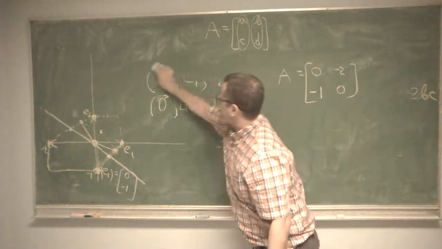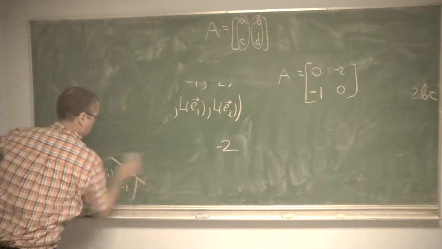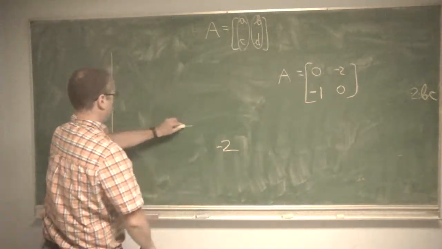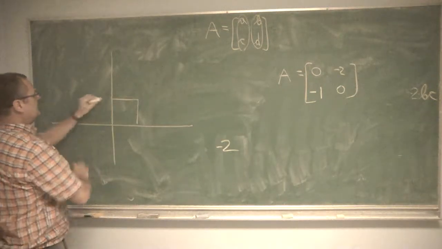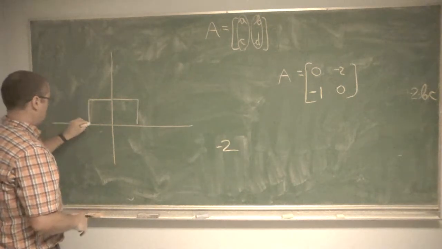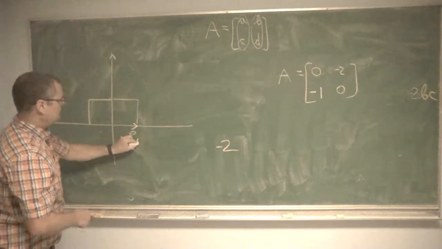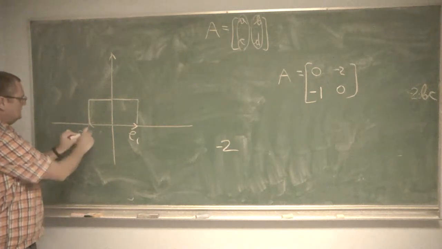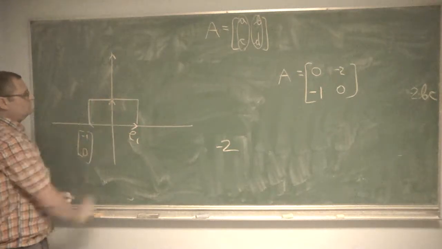Let's see another example. Let's say I flip about the y-axis, all right? In other words, a reflection about the y-axis, so this vector E1 gets mapped here, that's a minus E1, so that's -1, 0, and E2 stays where it is.